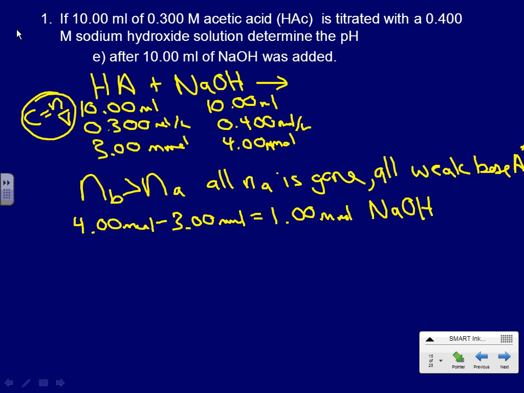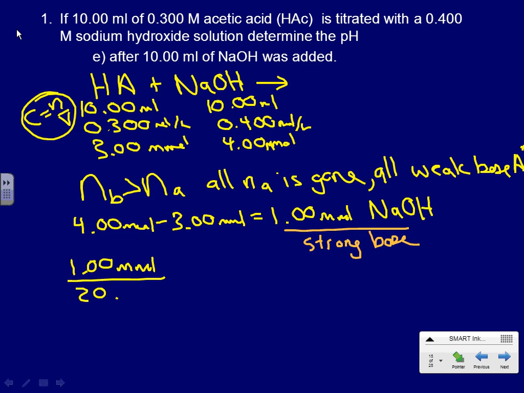So what do we have here? What kind of problem is this? This is a strong base problem. Brings us right back to the very first lessons that we did talking about pH. Now I can get the concentration of that base: number of moles, 1.00 millimole, total volume, 10 plus 10, 20.00 milliliters.